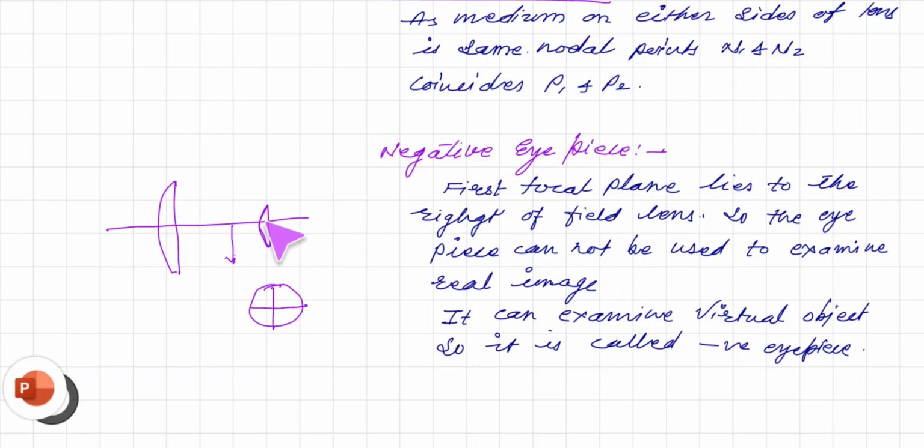The final image has the magnification of both lenses, but when you insert the cross wire between these two, the magnification will be due to only one lens, and that is why we will not get a proper scale and the readings will not be reliable or accurate. So that is why the cross wire is not preferred in this Huygens eyepiece. That is all about eyepieces.